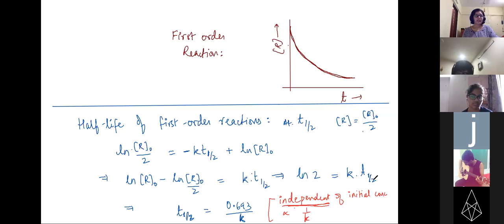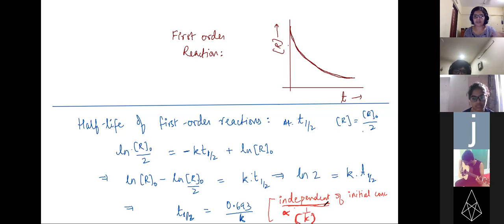So half-life for a first order chemical reaction is independent of initial concentration. Sometimes you would want a particular reaction to follow first order kinetics, because all it depends on is k, and k is independent of everything except the temperature.